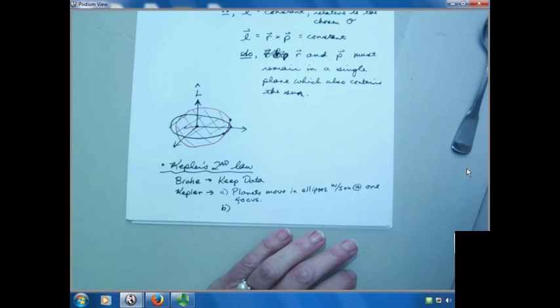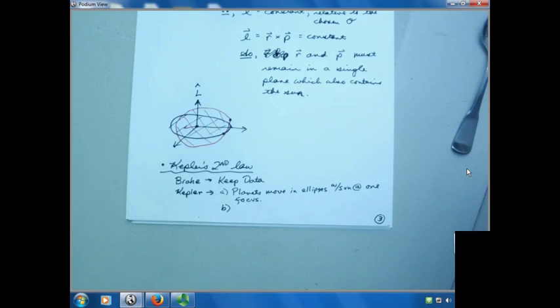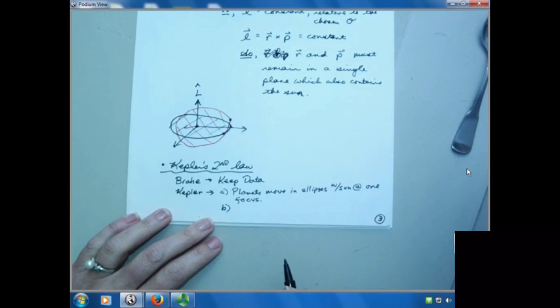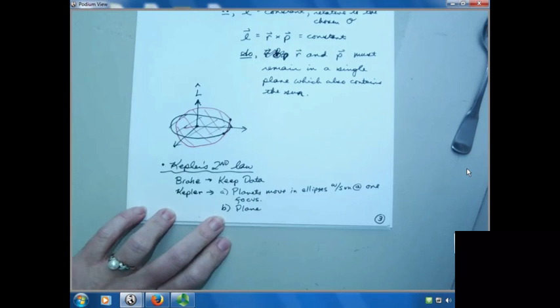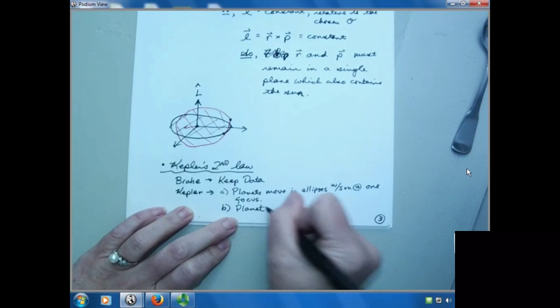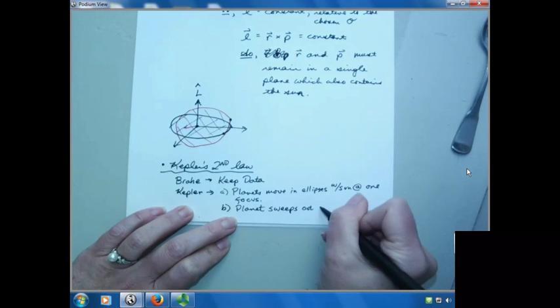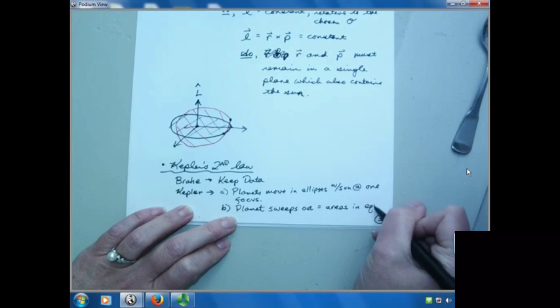He also found that the planets' locations, if you think of that as a point, the line that connects the location to the sun sweeps out an area, and that planets sweep out equal areas in equal times. For a single planet, a planet sweeps out equal areas in equal times.